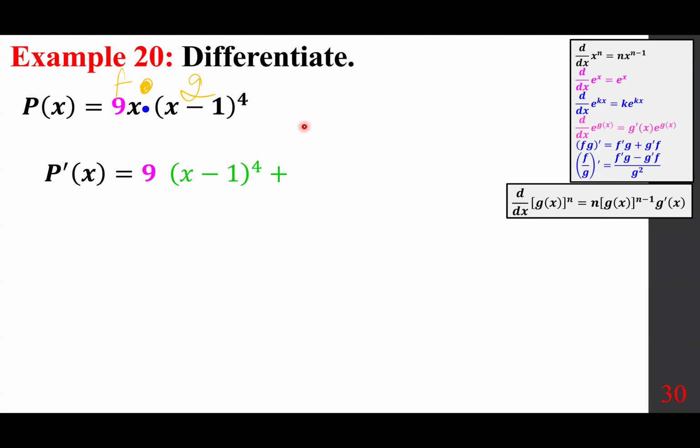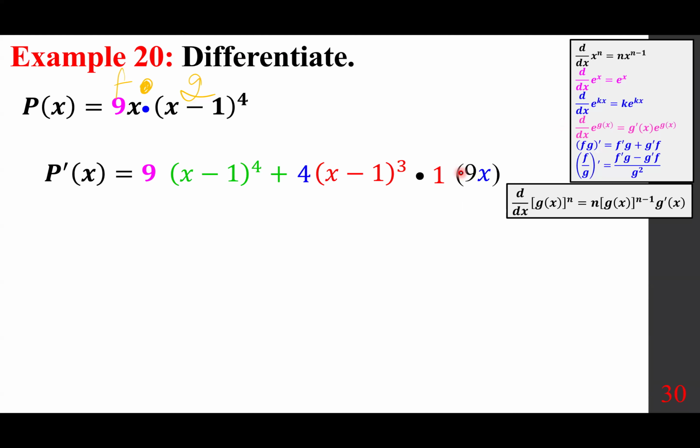We use the extended power rule on that: n times g of x to the power of n minus 1, x minus 1 cubed, times the derivative of the inside, which happened to be 1, and then go back to the product rule times f, 9x. And this is the end of the story as far as calculus is concerned.